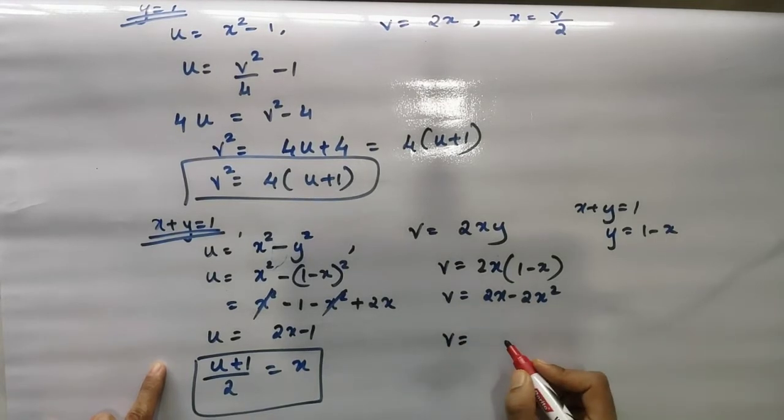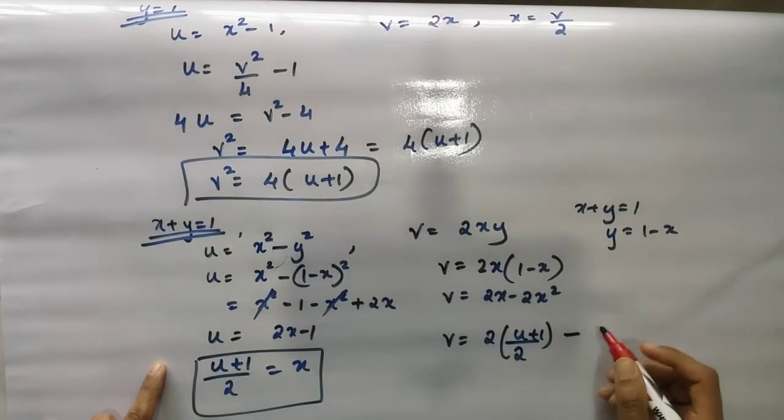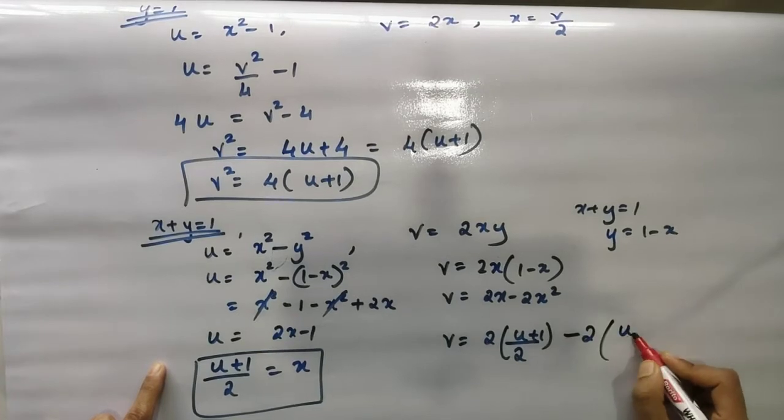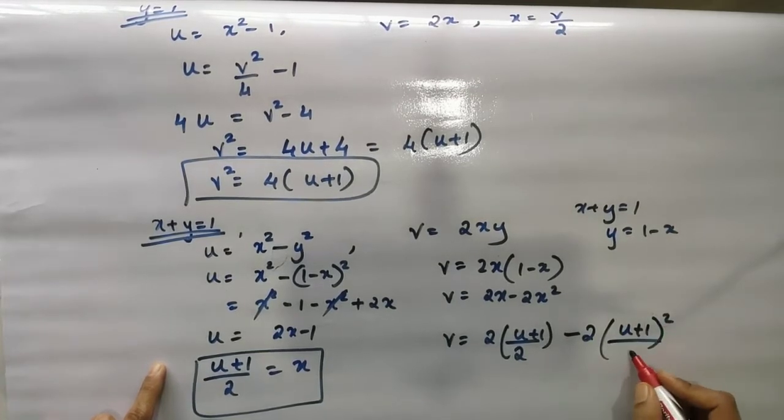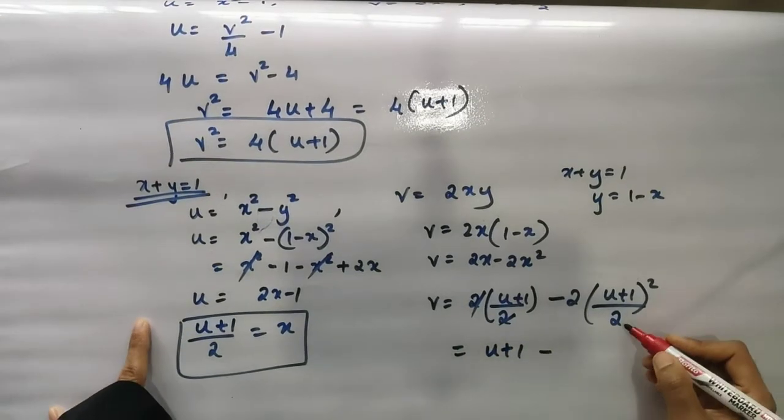So it will be v equals 2 times (u plus 1) divided by 2 minus 2 into (u plus 1) whole square divided by 2 whole square. The 2 gets cancelled, and you will have (u plus 1) minus, divided by 2 whole square, so it will be 4 over here.